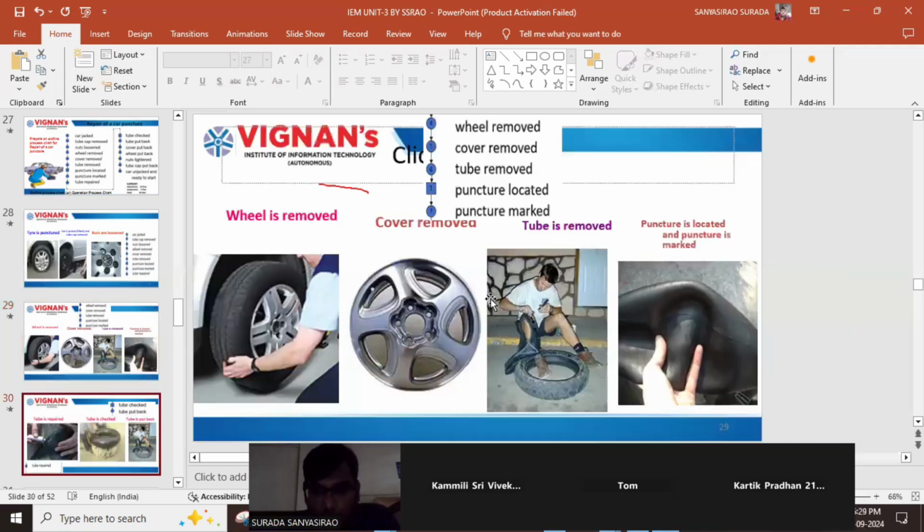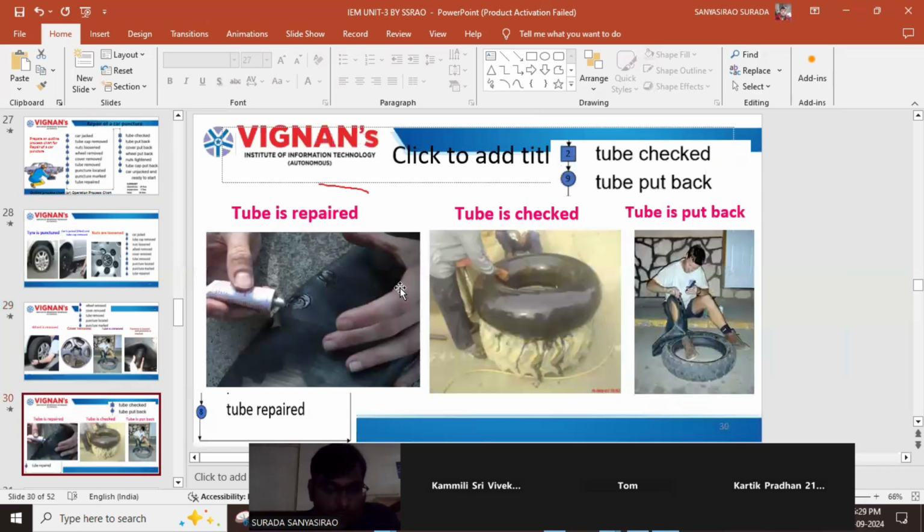After then, let us see one more point. See here, then they have to repair the tube. After marking the puncture, they have to repair the tube. The tube is repaired, and after completion, they have to check whether there are any other punctures or whether it is okay or not.